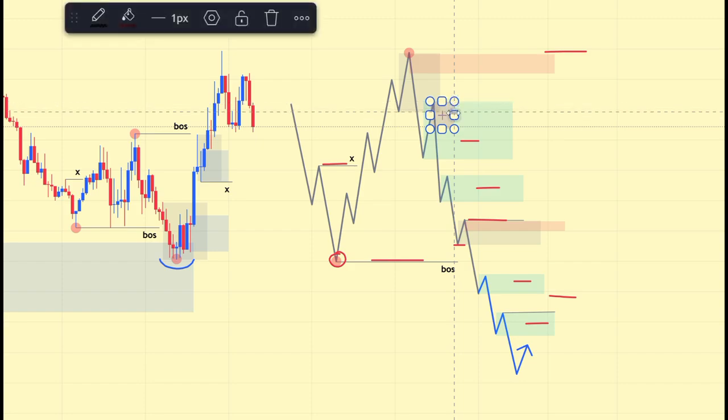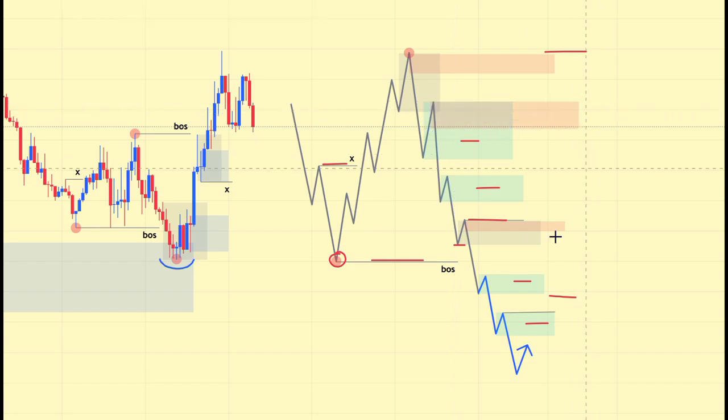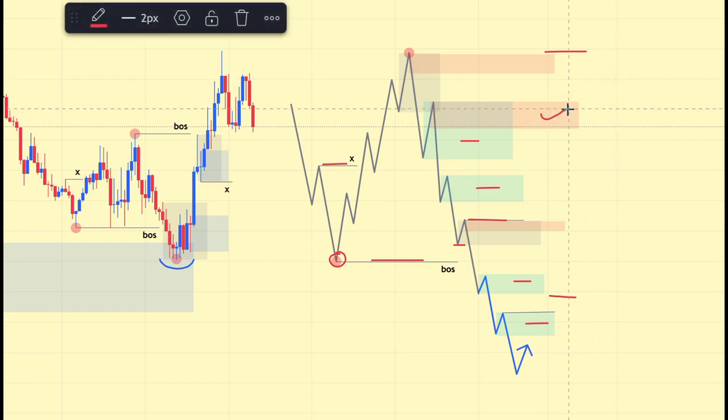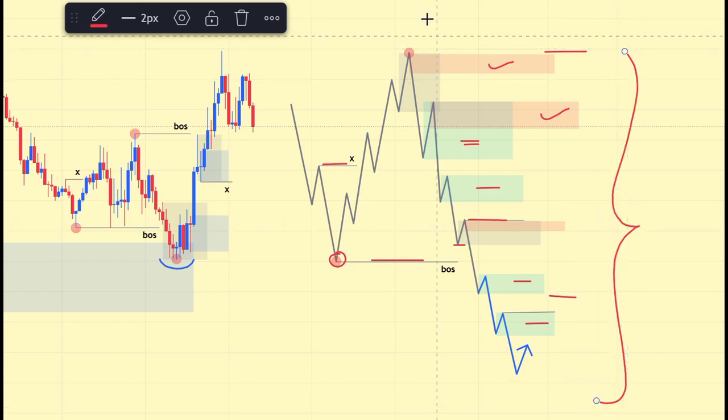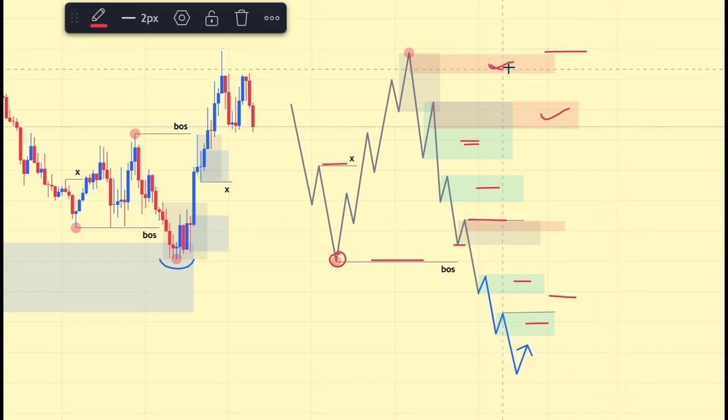So which one here is the extreme order block? Of course, the extreme order block is the one that is found on the extreme order flow. This one here will be called the origin order block because it is the order block on the origin of this dealing range.